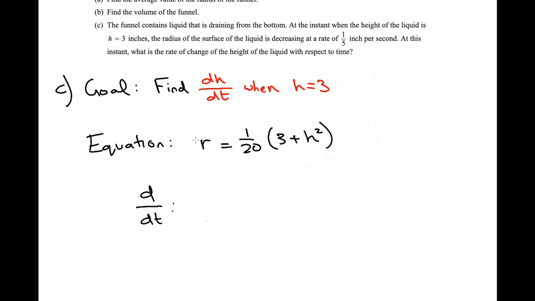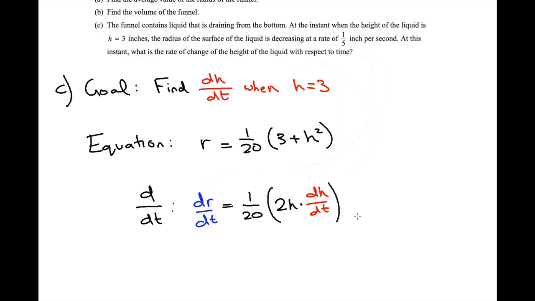So what we'll have here on the right is a dr/dt, and then this side, we can just differentiate what's inside here because the constant doesn't really affect that. So we'll have 1 over 20 times 3, derivative of 3 is just 0, so we'd have 2h times the guy we're really interested in, which is dh/dt.